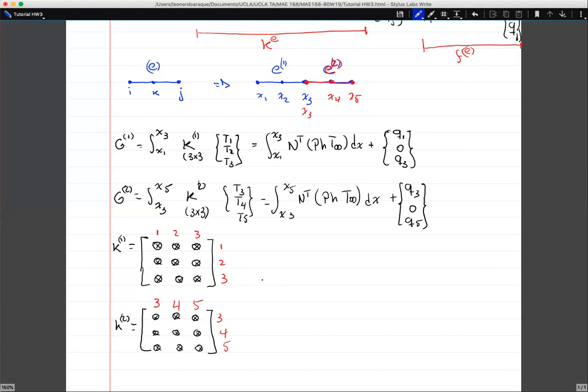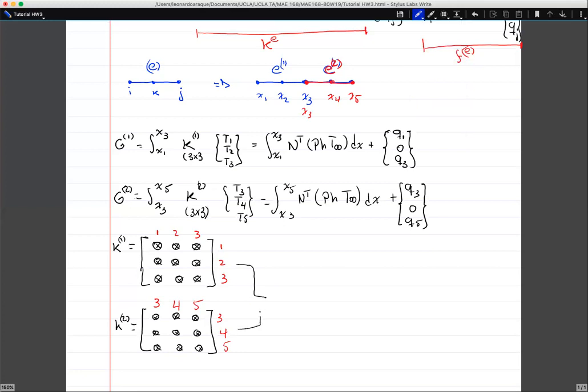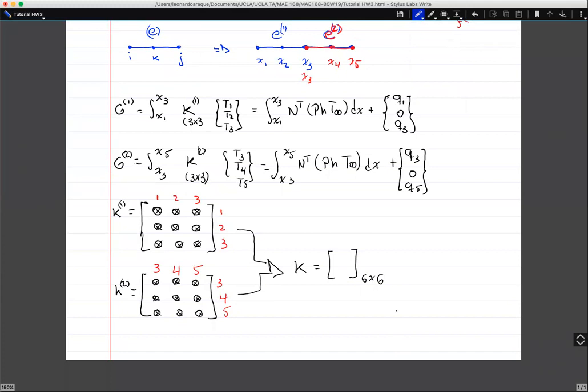Okay, so if we assemble these two matrices, we'll end up with a matrix 6 by 6. Similar procedure is done for the force vector. So it means that the force vector should be a vector 6 by 1.